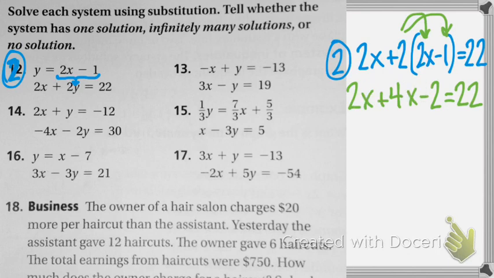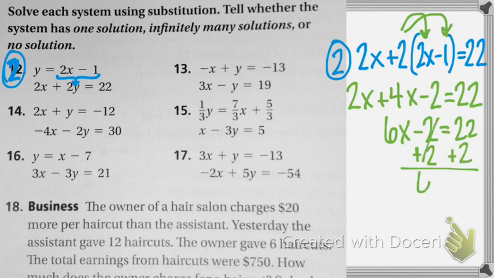Now I'm going to combine my like terms, so I get 6x minus 2 equals 22. Now I'm going to add 2 to get x by itself, and I get 6x equals 24. Divide both sides by 6, so x equals 4.